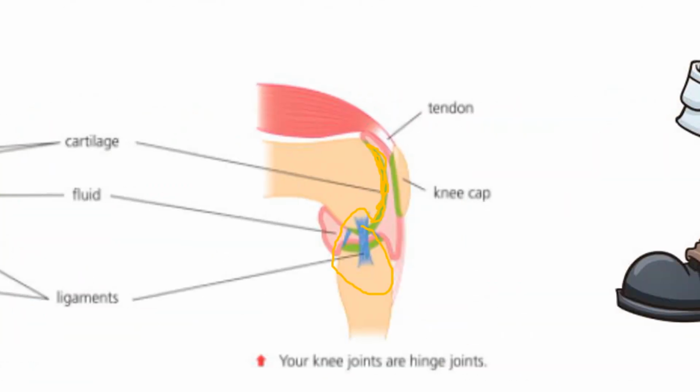Then this is the tendon, the muscle. The tendon is a part which connects the muscles and the bones to each other. Then the kneecap is over here, and the pink fluid is over here. And then the cartilage is the green one, and the fluid is placed inside it. And then the ligaments are over here, which stretch enough.